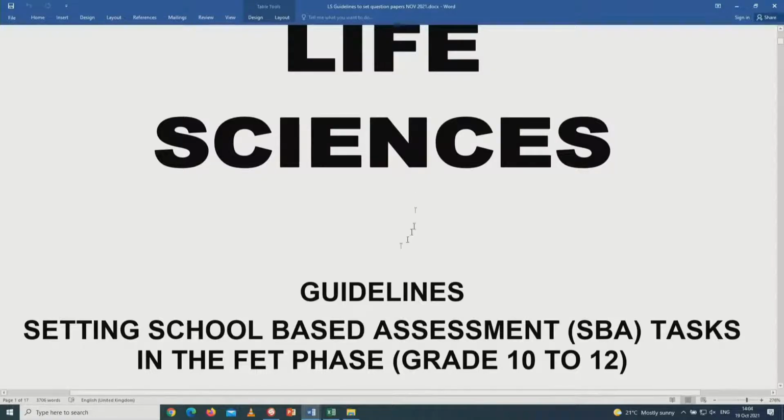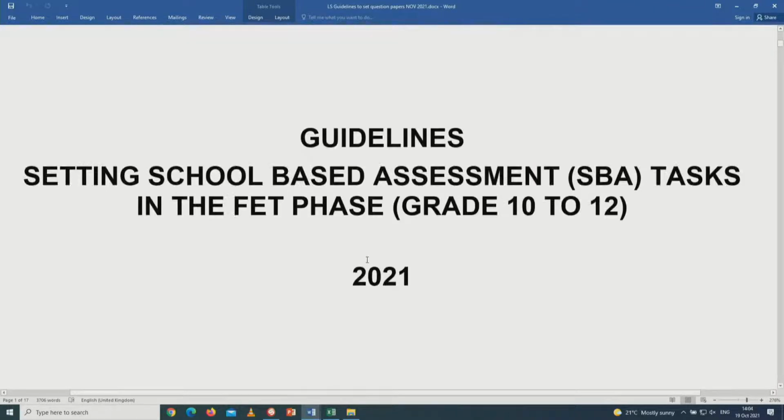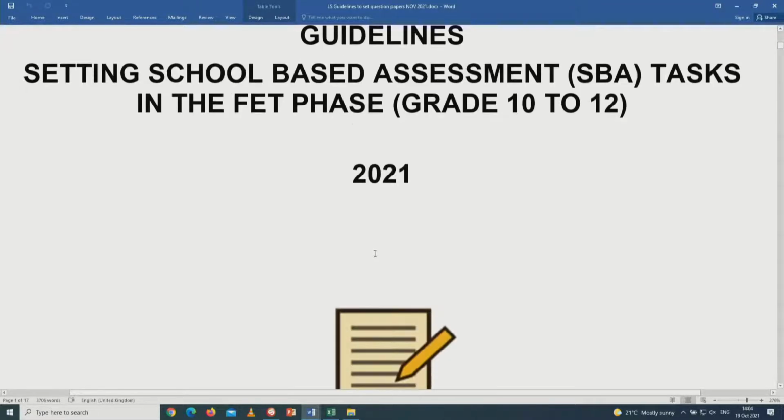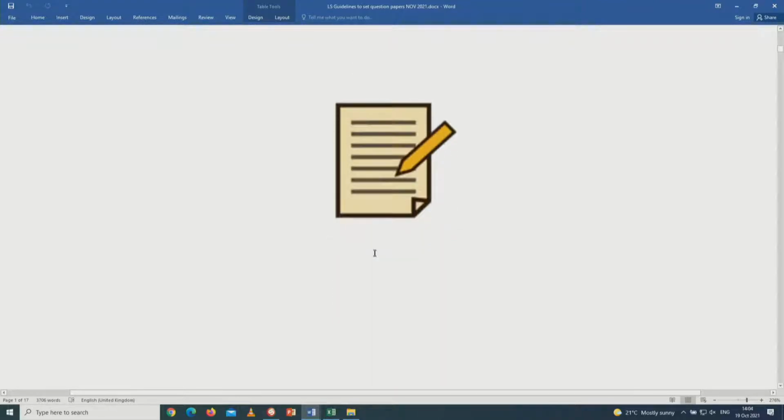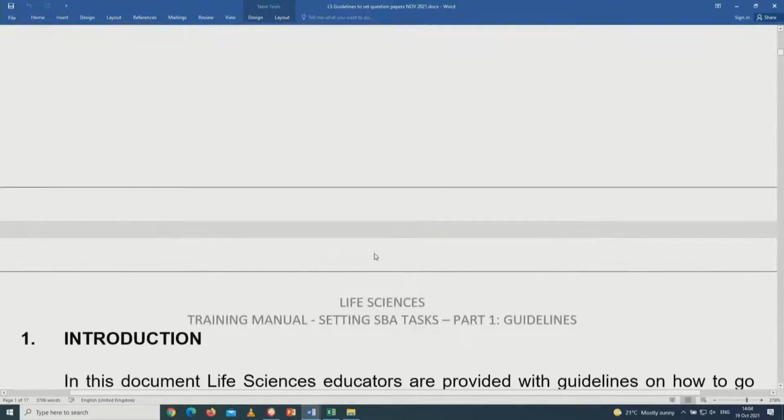Now, when I scroll down these guidelines, I've adapted them to 2021; our previous training was in previous years, so I've adapted it to the situation where we are currently.